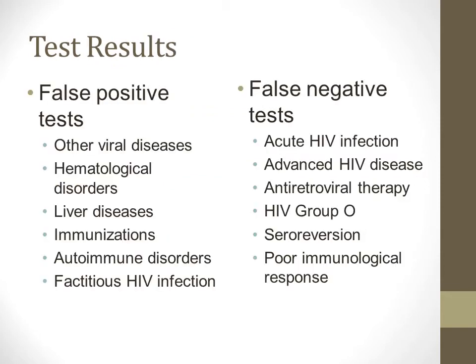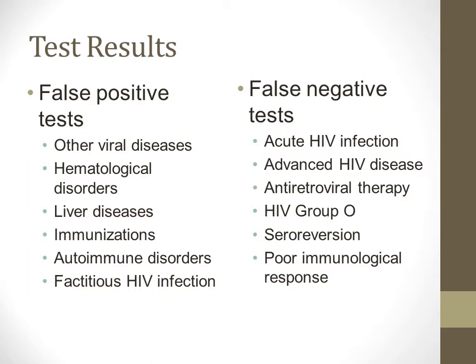And so why do we have false positive test results? One of the common reasons will be that the patient has a viral disease or has a hematological disorder, or the patient has a liver disease or has immunizations, which will generate antibodies that may give you a false positive test.